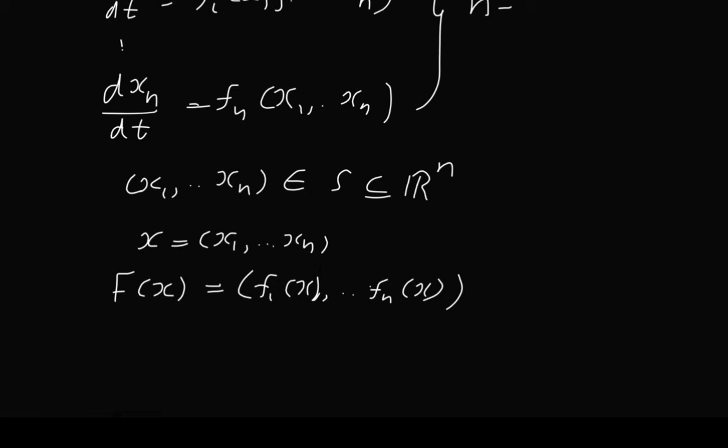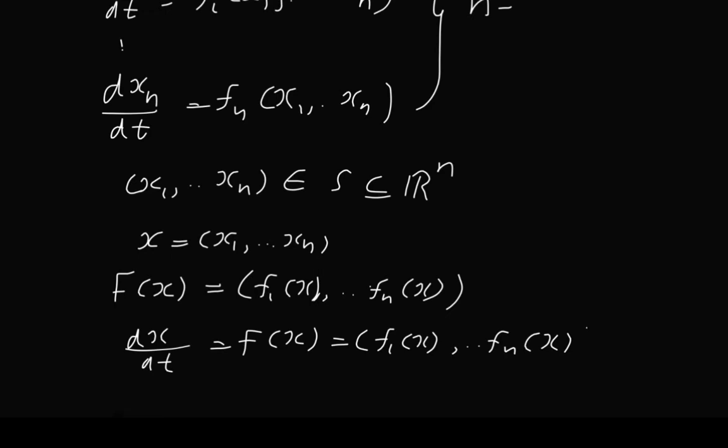Then the dynamical system equation can be written dx over dt equals f of x, which is f1 of x to fn of x. The points where f of x equals 0 are the equilibria, and we will pay special attention to the vector field nearby these points. I will explain this in step 3.